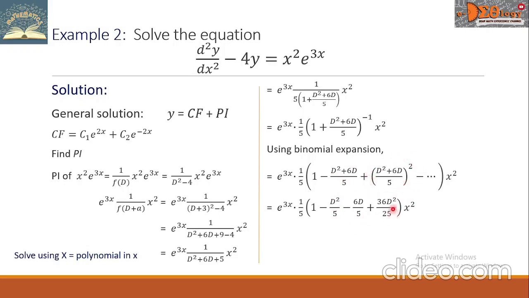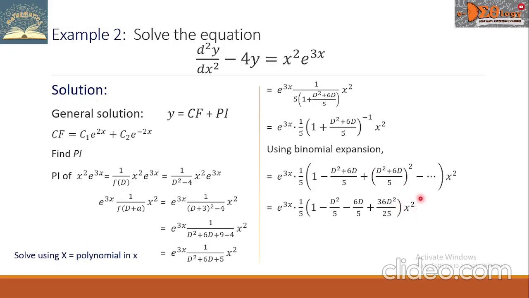But in here, we only write 36 D squared all over 25 corresponding to this 6D over 5, that is squared. We will only copy up to this point because the other terms for this expression would be a degree more than 2. Remember, we only stop when we have the same degree as our x squared here.